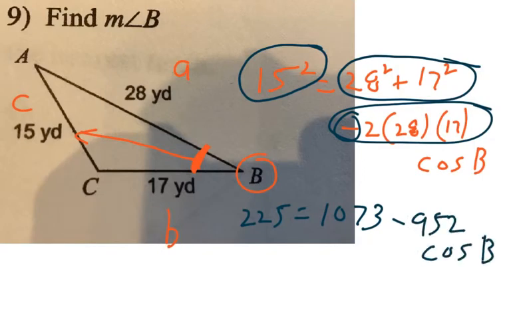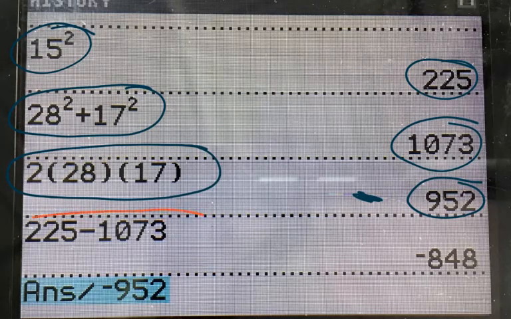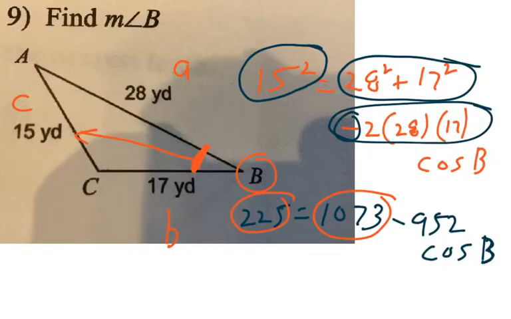cosine of B. Now, to find B, yes, let's first solve for cosine B. So how about we now take the 225 and take away the 1073. 225 minus 1073 is negative 848.